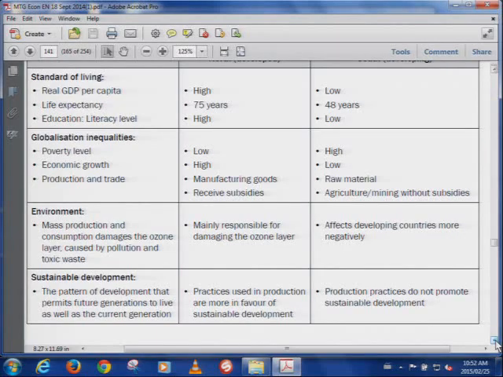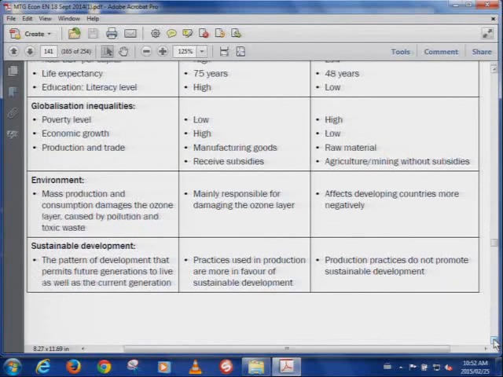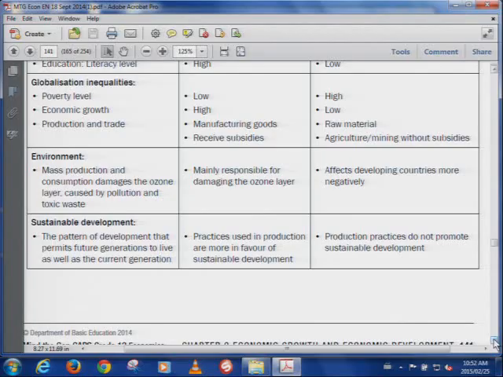So they create an unfair competition between businesses from the two countries, North and South. And then the environment. Let's look at environment, that's where we look at mass production and consumption damages the ozone layer caused by pollution and toxic waste. As far as the North is concerned, countries in the North, the rich countries or the first world countries, developed countries, they are mainly responsible for damaging the ozone layer.